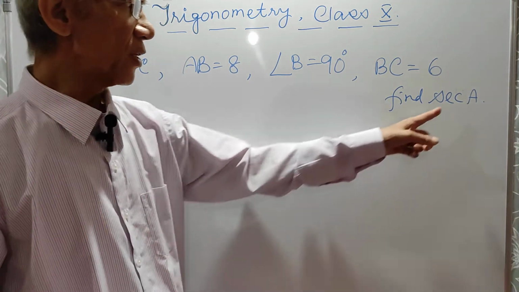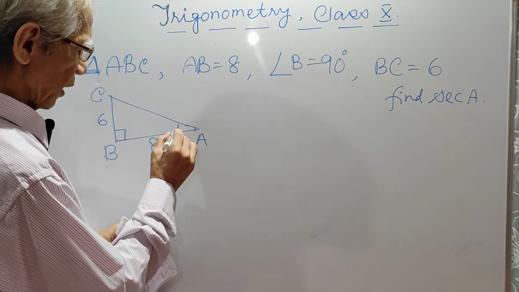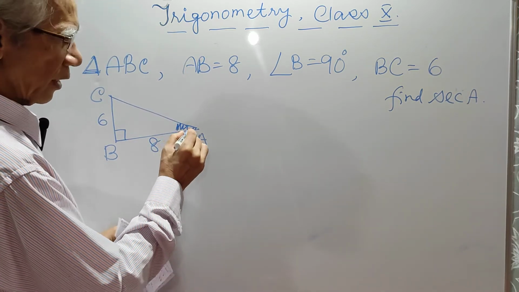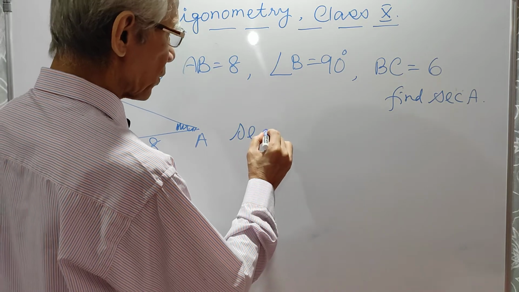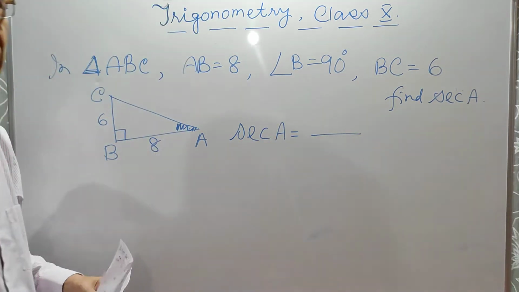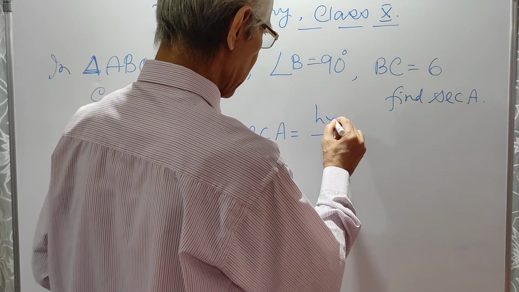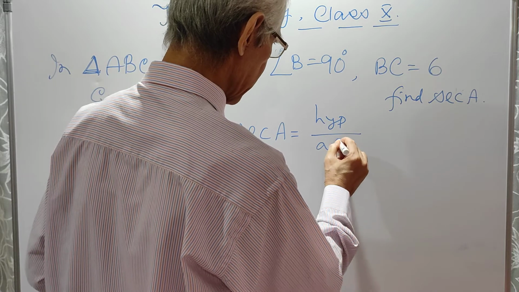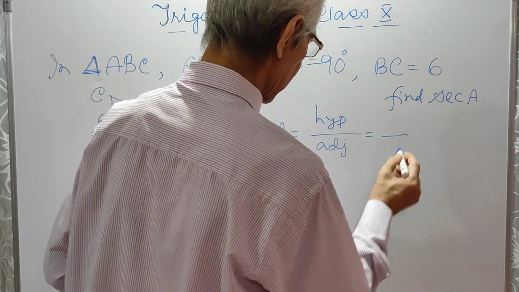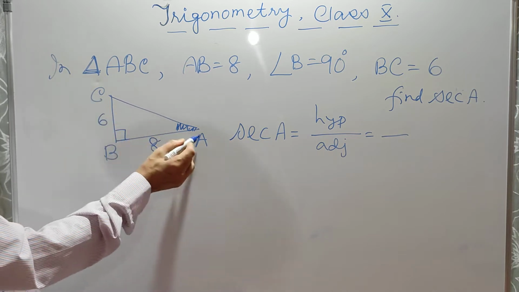Now we have to find sec A, considering this angle A. Sec A equals hypotenuse by adjacent. The hypotenuse is CA.